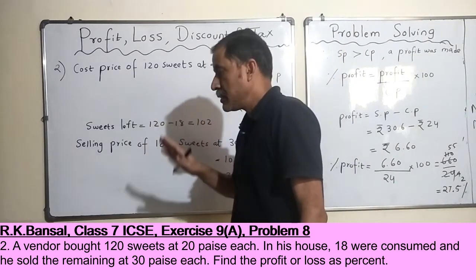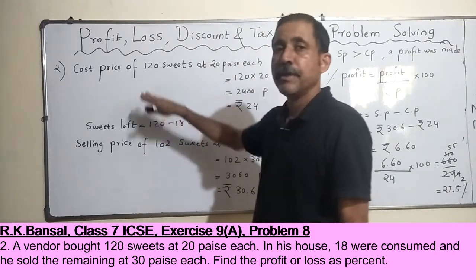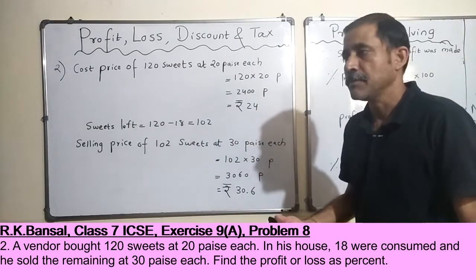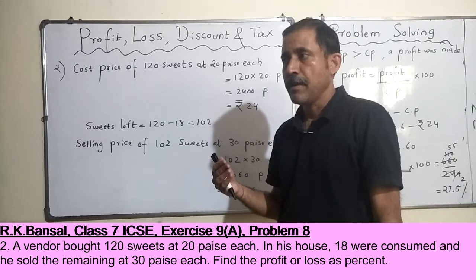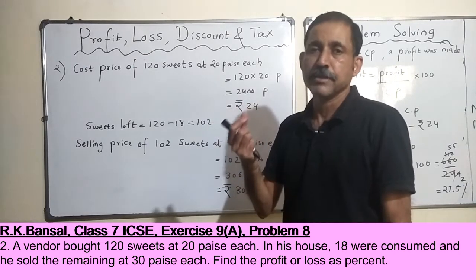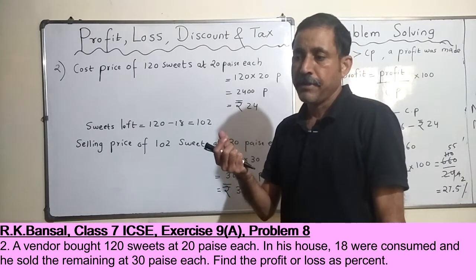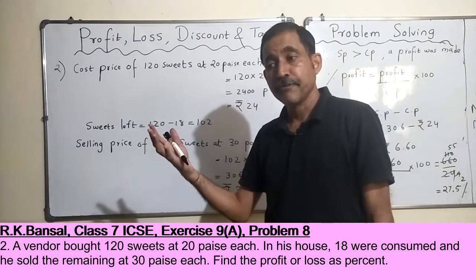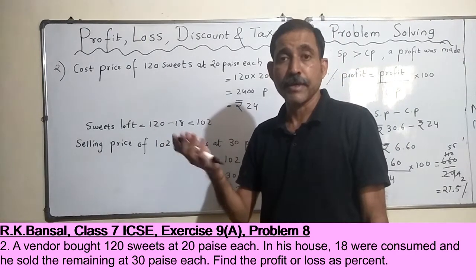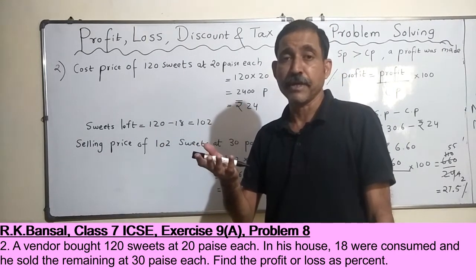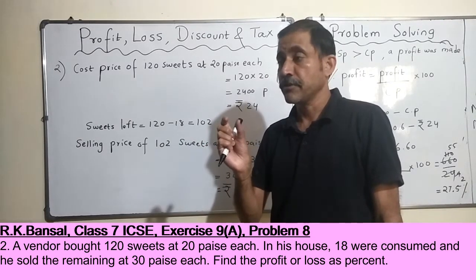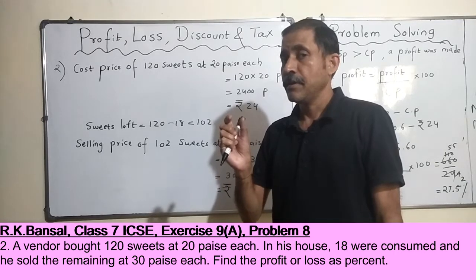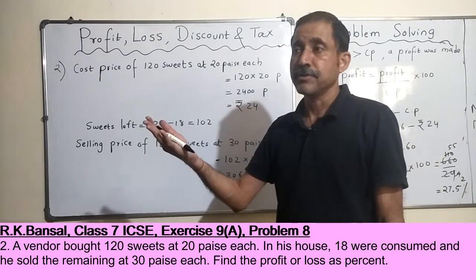The answer is we should consider the cost of 120 sweets, because it is business, right? Sometimes you buy from the market, you buy 100 and then some things spoil, correct? And then you have to throw them away. Like 100 mangoes if you buy and then you throw away 10 mangoes because they were defective, does not mean that you should only consider the cost price of 90 mangoes. It's your money, you have paid for 100, so it's business.